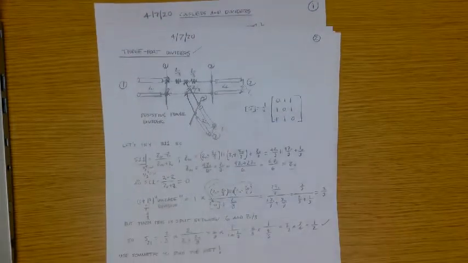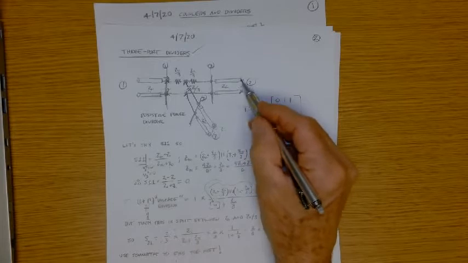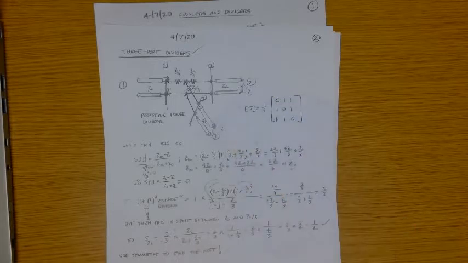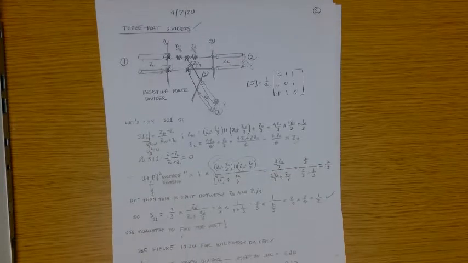Because when I'm computing S21, I've got to have all other input voltages set to 0. So I do that by terminating these. Maybe I'm beating a dead horse there, but that's important when you get ready to understand why you calculate these things the way you did.